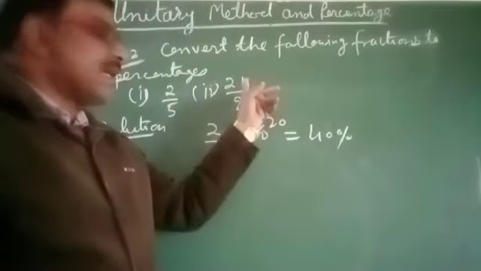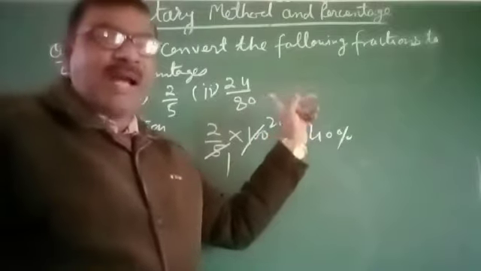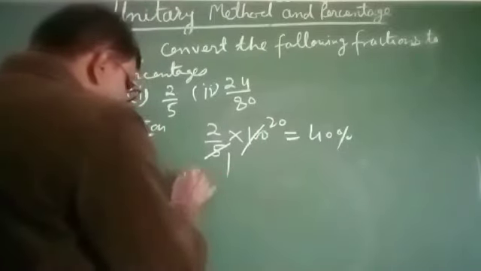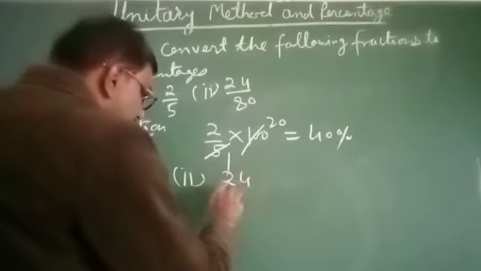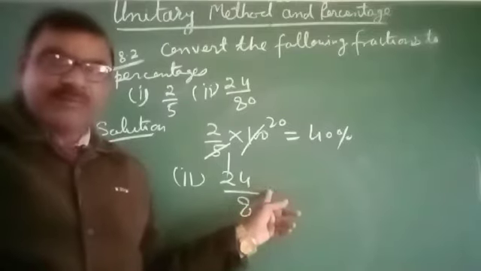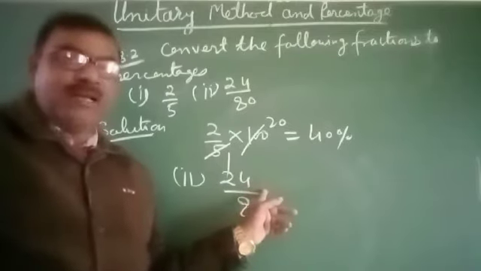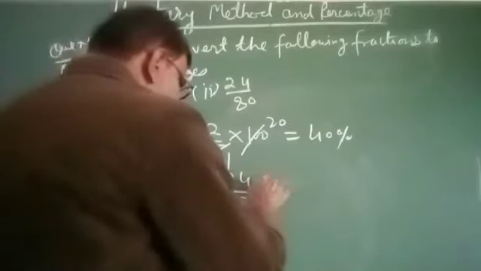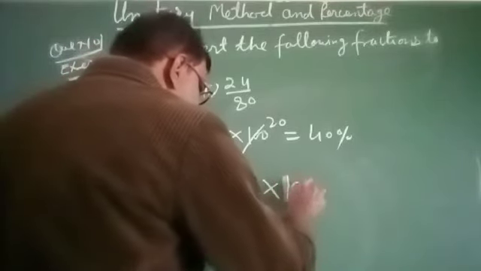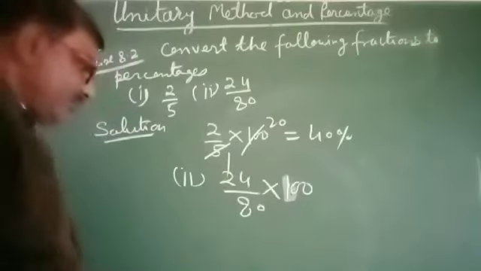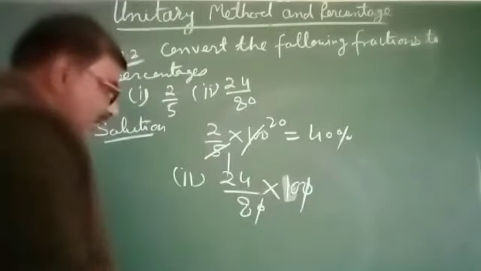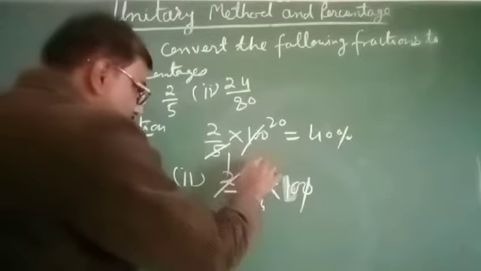Now the second part is 24 by 80. So I will multiply 24 by 80 by 100. Here 0 is cancelled by this 0, and 8 threes are 24.